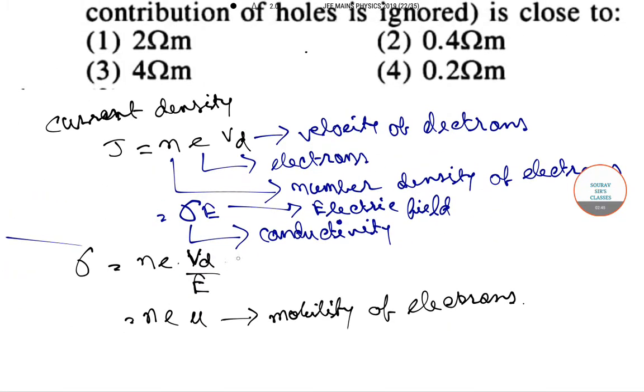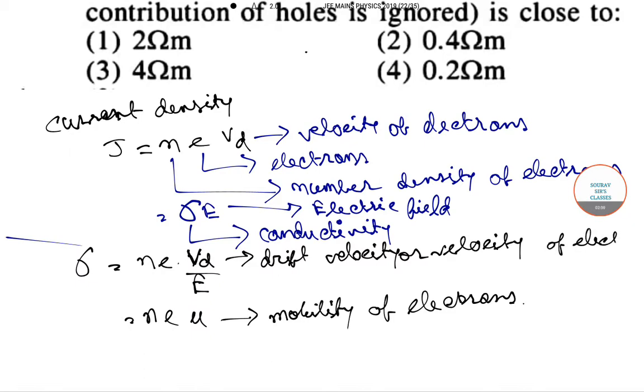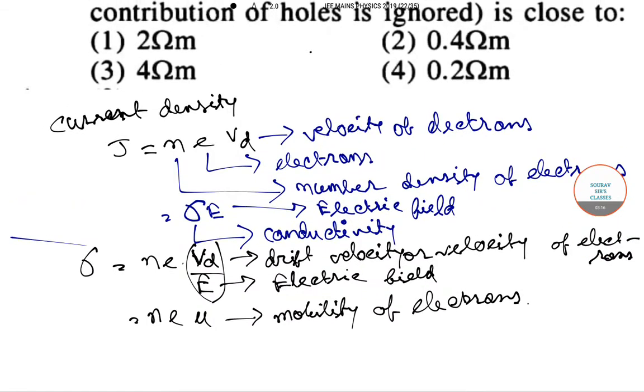This is the drift velocity or velocity of electrons, and E is the electric field. So the ratio of Vd and E is mu. Here mu is given.